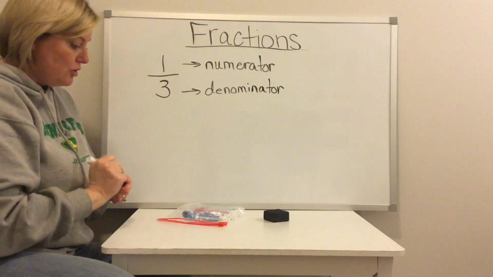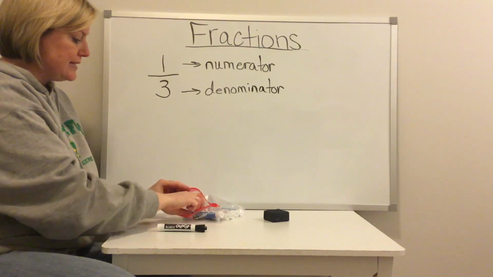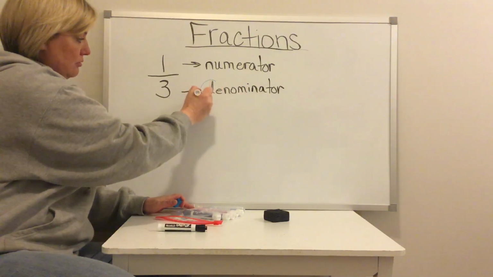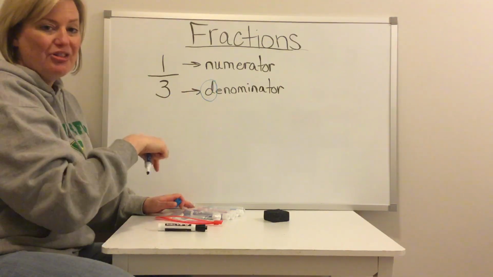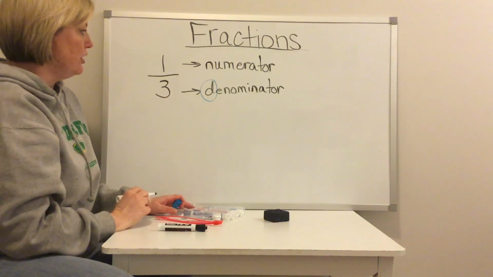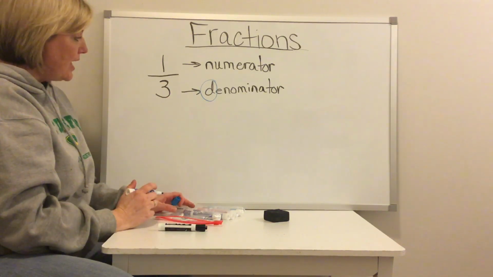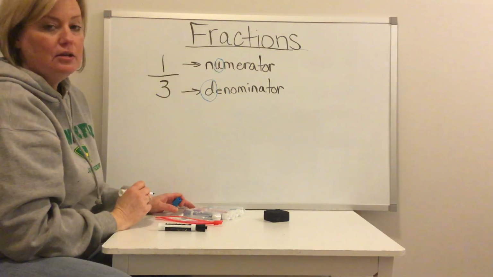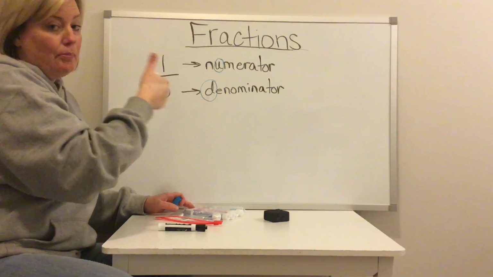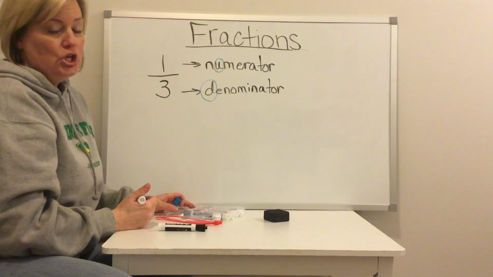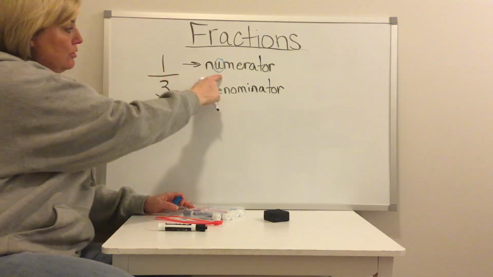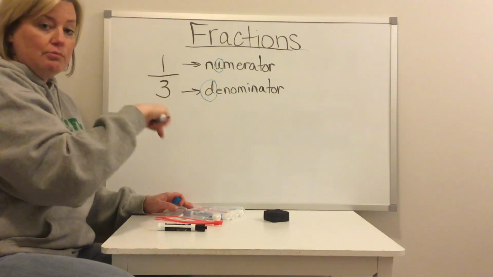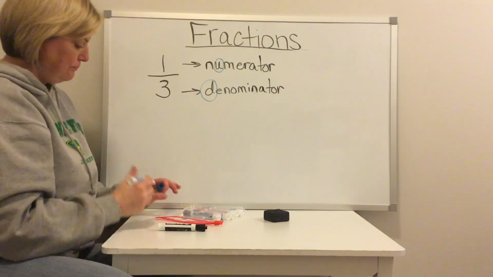Now, one way that you can try to remember that is the denominator starts with a D, and it's the number that is down below the line. And the numerator has a U in it, and it's the number that is up above the line. So numerator is up because of that U, and denominator is down because of that D.